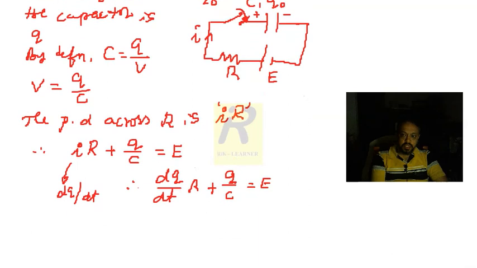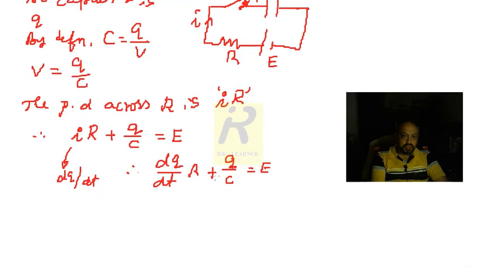Further, I simply separate these two terms because I should get the value of Q on one side and all other things on the other side, right. For this, I take this Q by C on this side: dq by dt into R is equal to E minus Q divided by C, right.